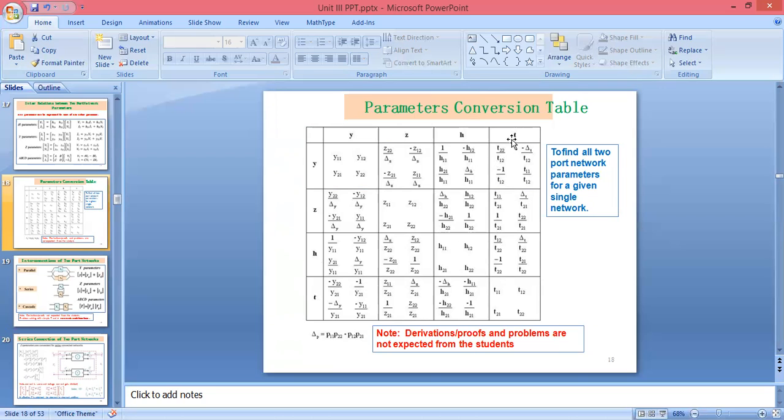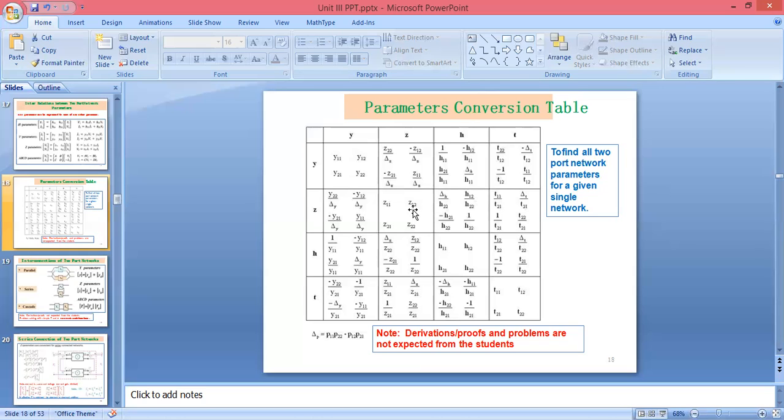We can say this is the ABCD parameter. Instead of ABCD, I have used here T. So these are nothing but the transmission. So we will get the equations for Y: Y11, Y12, Y21, Y22. If you are converting Y into Z, you will get these equations. You are converting Y into H, you will get these equations. You are converting Y into T, you will get these equations.